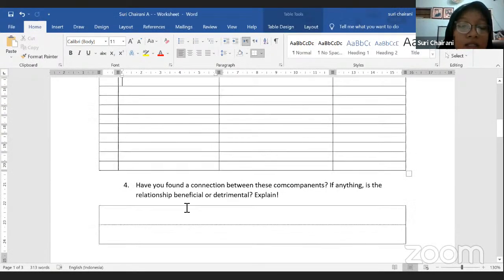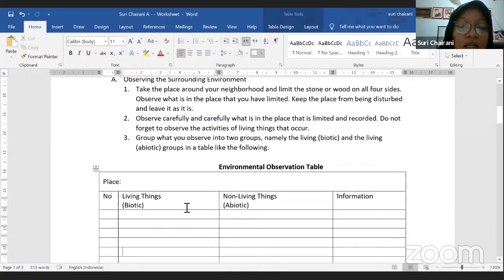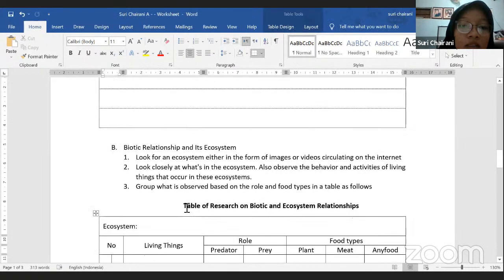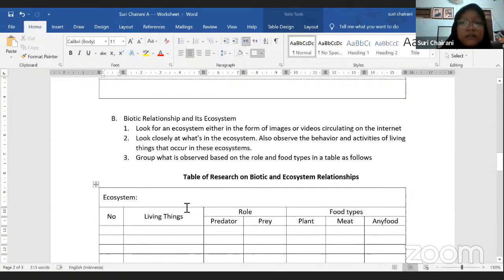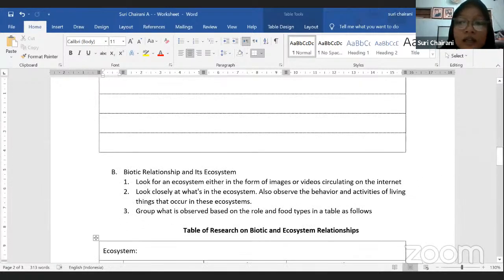The worksheet point A and point B actually relate to each other. Look at an ecosystem either in image or video, or they can use the previous observation, the live observation, so they can choose one like that.